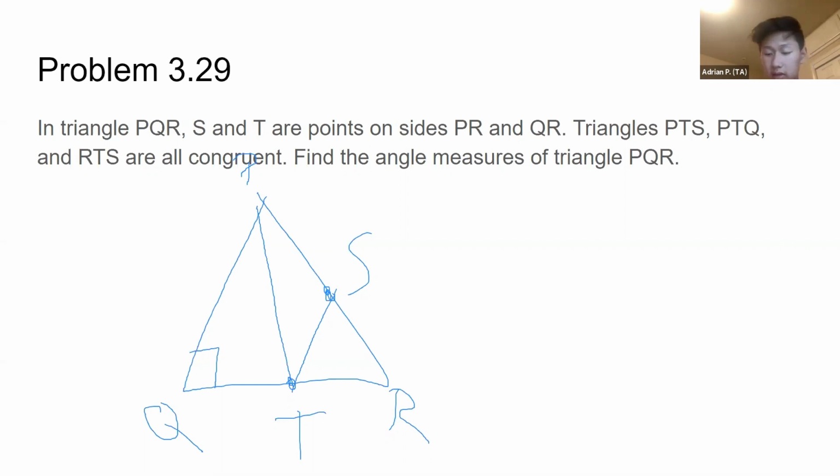Using that, you can figure out that PRQ is 30. And so the angles of the triangle are going to be 90, 30, and 60. The solution doesn't really make too much sense, so I don't think it's that good of a problem. All right.